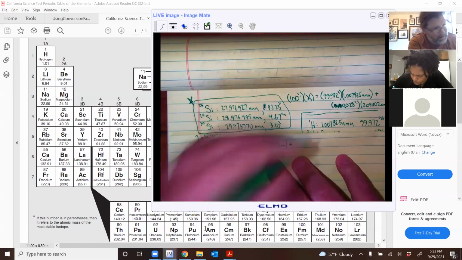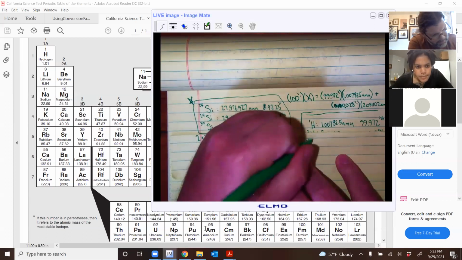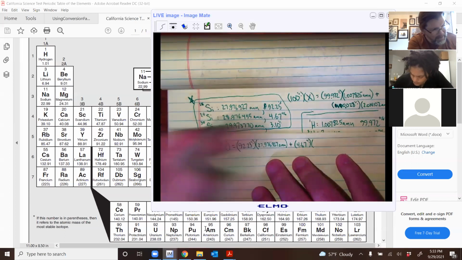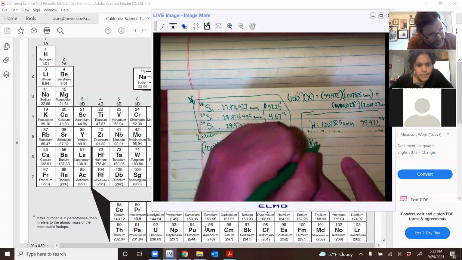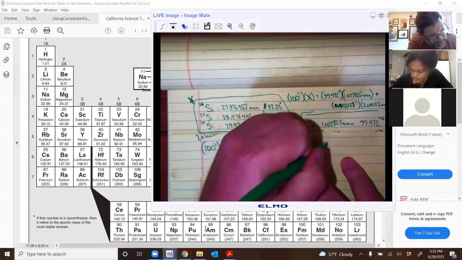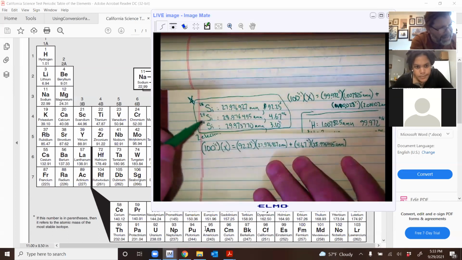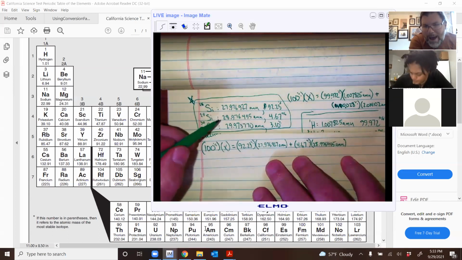And then 4.67% of them are going to have a mass of 28.976495 atomic mass units. So note that that is the real mass of silicon 29.